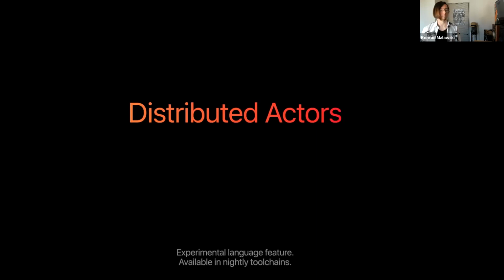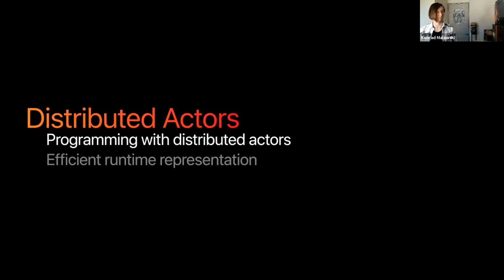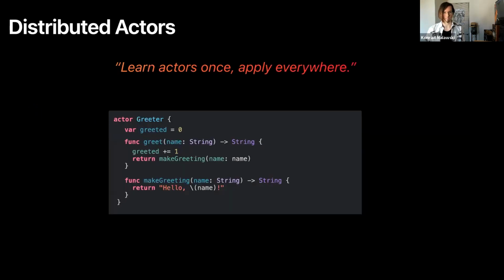We have an experimental language feature that's available today in nightly toolchains called distributed actors, which, of course, when you think actors, you often think distribution. I'll introduce a little bit how to use them, how we represent them at runtime, and then we'll dive into some examples.